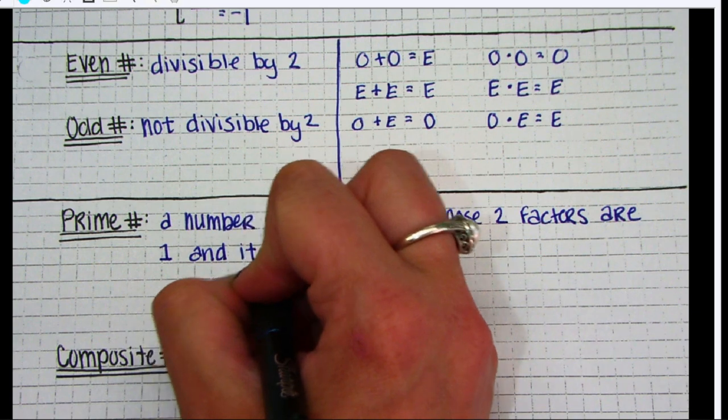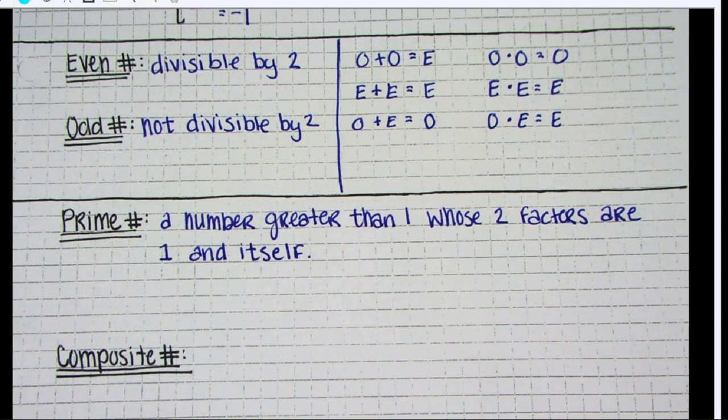And in this case, we're not going to be talking about any kind of decimal. These are whole numbers like 1, 2, 3, 4, 5. But it has to be bigger than 1. So it's a number greater than 1 whose two factors are 1 and itself. A factor is something you'd multiply to get that number. So the factors of 13 are 1 and 13. 1 times 13.